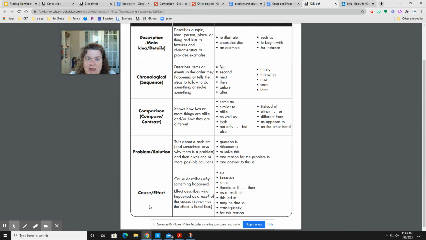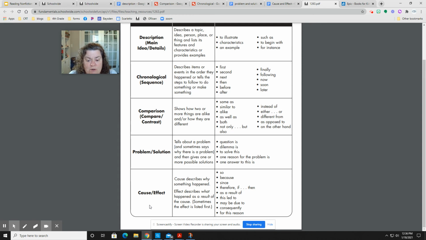That something might be a problem, but instead of giving you a solution, the author will just tell you why that thing happened. Effect describes what happened as a result of the cause. So I earned $100. The effect was I spent some, I saved some, I donated some. Those were the effects.